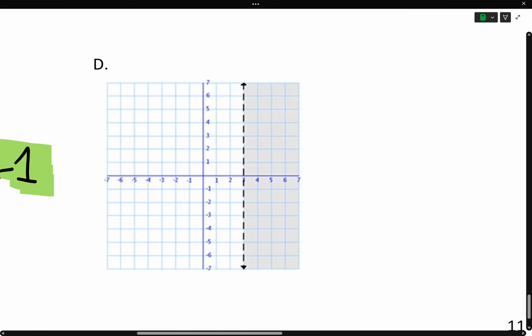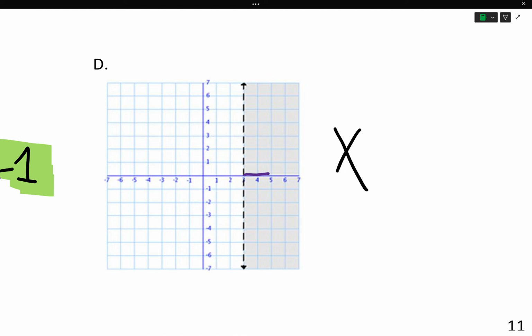Lastly, letter D. It's another vertical line, so it's an X. No line underneath my symbol because it's a dashed line. So we're shaded to the right, so that's greater than. And it looks like we hit X at 3.